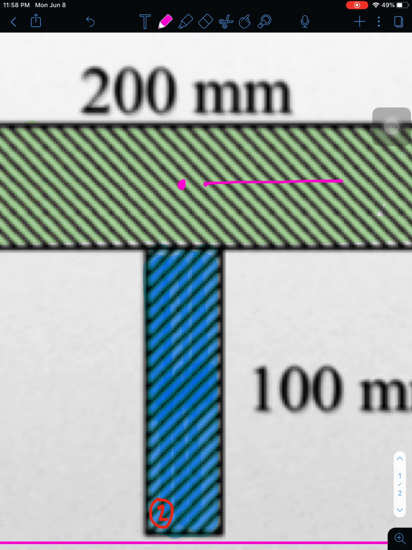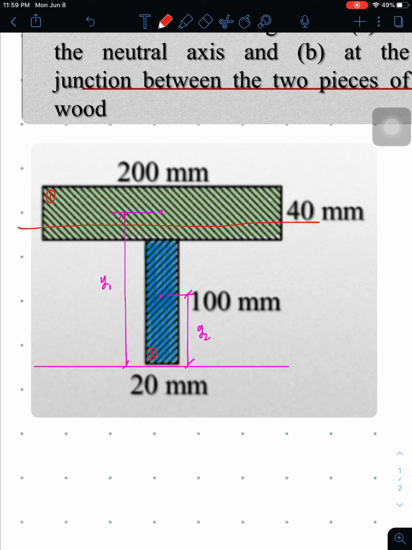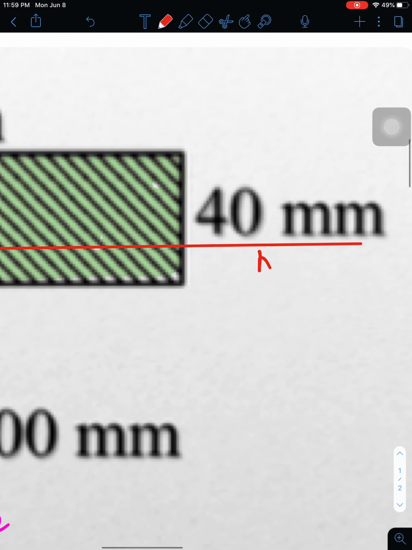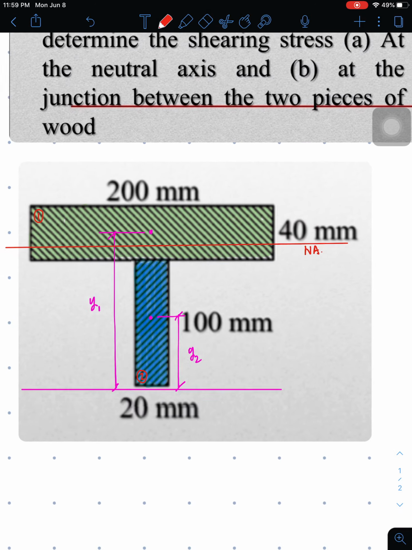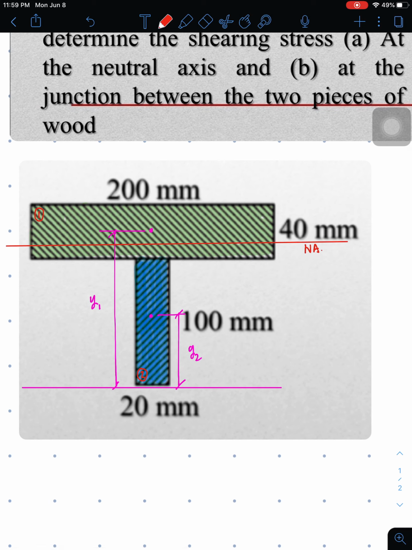Because we will be proving that it's 34 from the top fiber. So we're going to actually get the neutral axis. We'll place a horizontal line. Maybe I'll set the neutral axis here. So I'll just place here the neutral axis location, maybe.